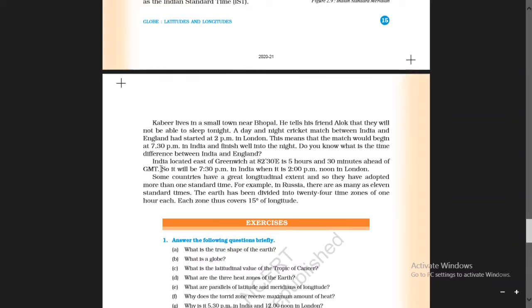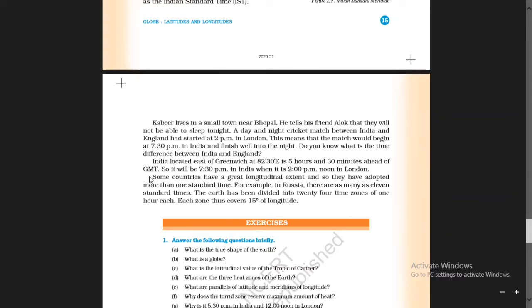GMT means Greenwich Mean Time. So it will be 7:30 p.m. in India when it is 2 p.m. noon in London. So calculation you can make with the help of this.